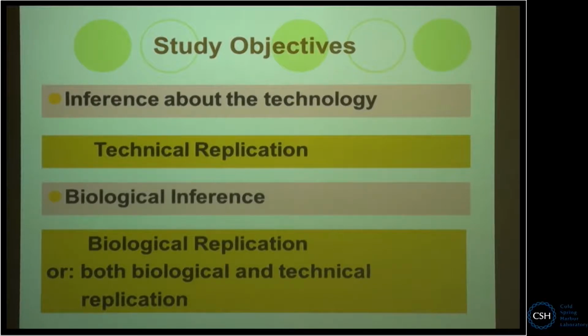But if you're doing biological inference, you definitely need to have biological replication. Some of the worst mistakes that I've seen people make is they'll take samples from 10 individuals, pool them into one big RNA sample, and then make 5 microarrays out of those pooled samples.